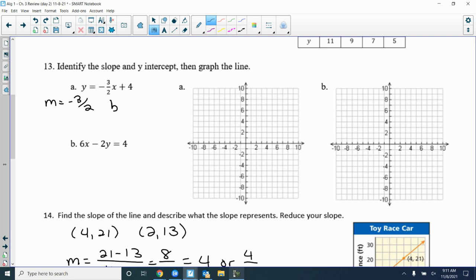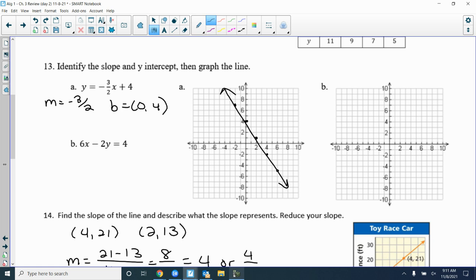The y-intercept is always the number by itself, so that's 0, 4. So now you would go to (0, 4), put a dot, and I would go down 3 and to the right 2 to make sure I get a negative slope. Okay, down 3, to the right 2. So that one, there's no work to do to find the slope and y-intercept. It's right there.